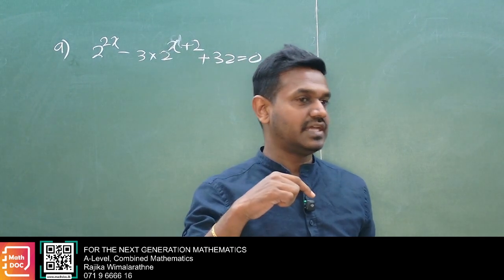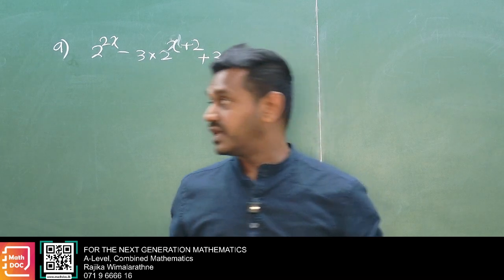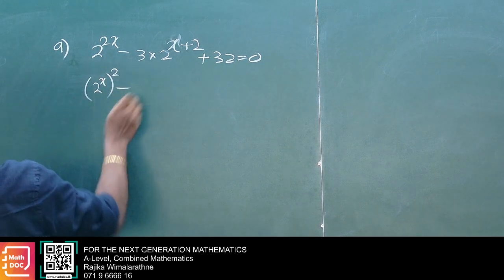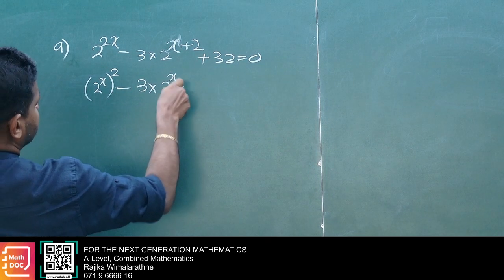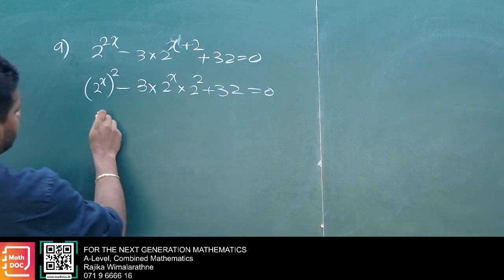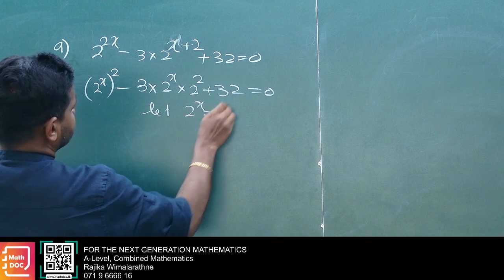Previously we have analyzed how to reduce that using substitution. Okay, I'll do this one. 2 to the power x to the power 2, here 3 times 2 to the power x times 2 square, 32. Then let 2 to the power x equal t.